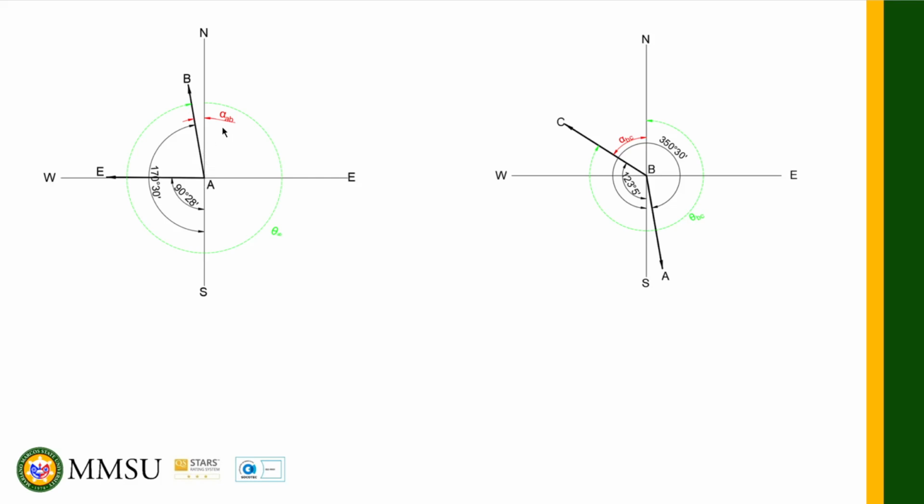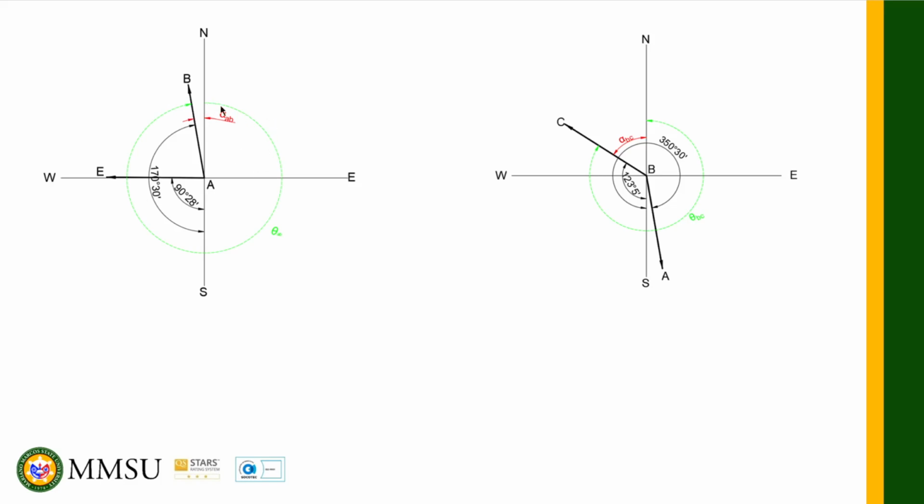That is why we have alpha AB. The one in red is alpha AB. This is actually the needed angle for the bearing. And the green one, ito, from the north measured clockwise until the line, is the azimuth from the north. It's almost a full circle, as you can see, because the angle is measured from the north.